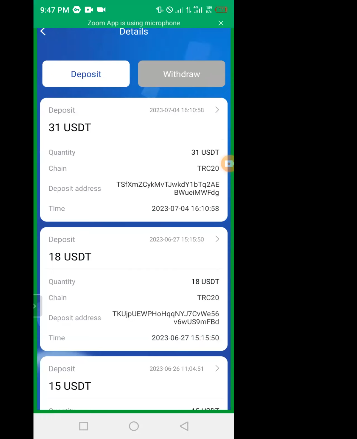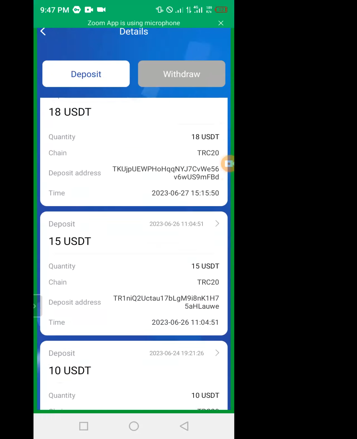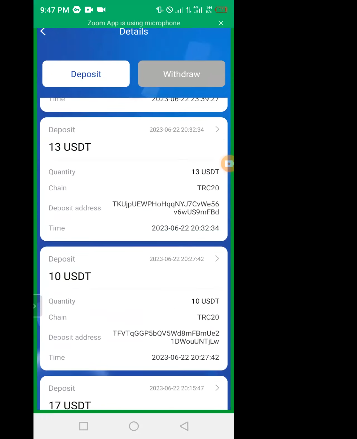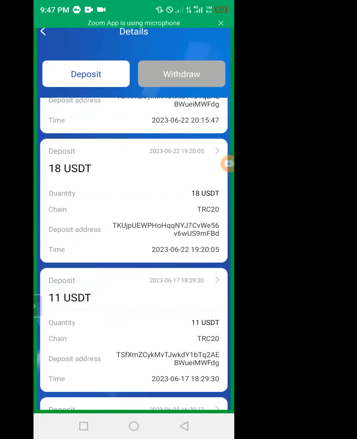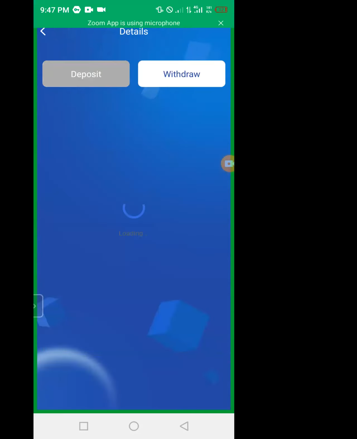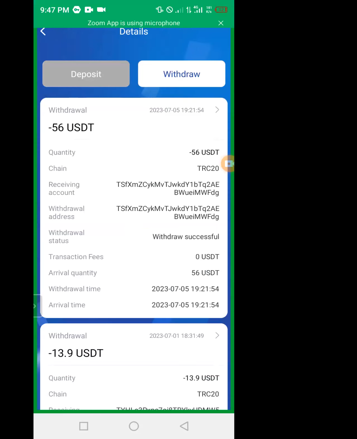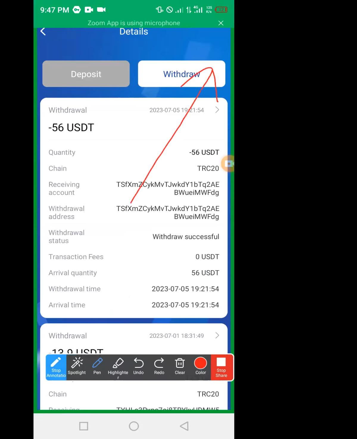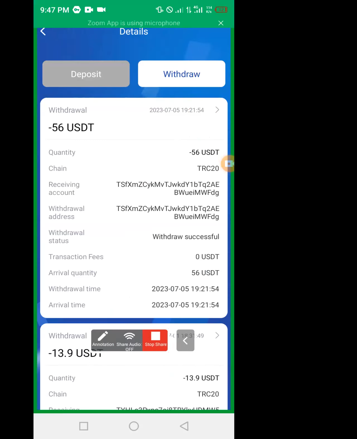It is going to show you all the deposits, all the money that has been deposited on your account, and then the withdrawals. This is the main important thing: can someone withdraw money from Royal Q and use it? Yes. Let me show you. This is $56. I have withdrawn it today on the 5th. Okay. Let's look at another one.